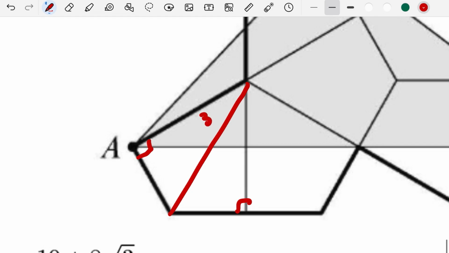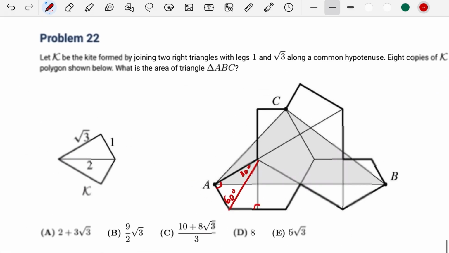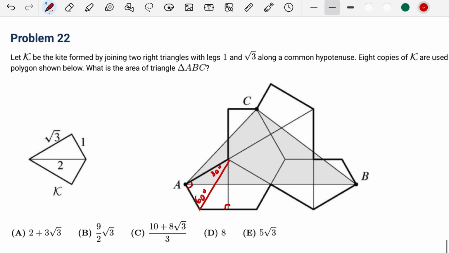Specifically, this is the 30-degree angle, this is the 60-degree angle. And we know that the legs have length 1 and square root 3. And remember, we want to find this length right here.